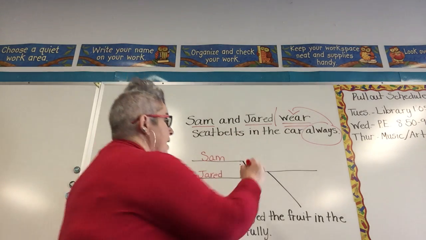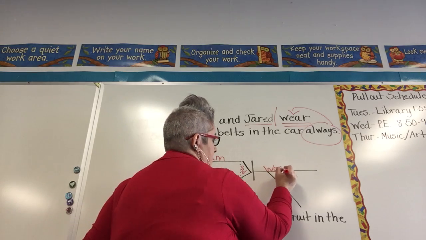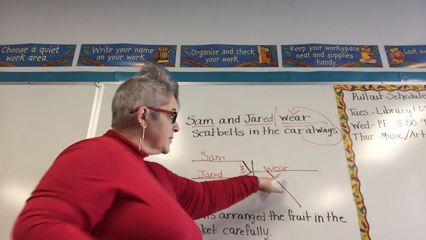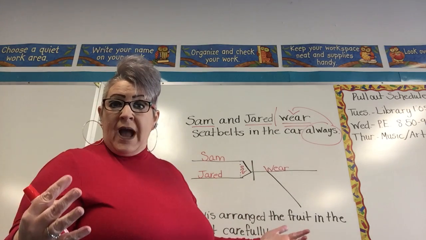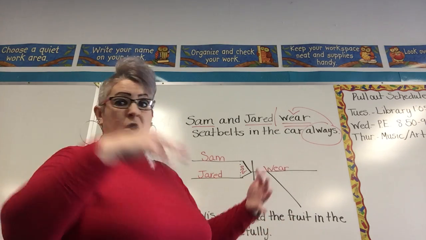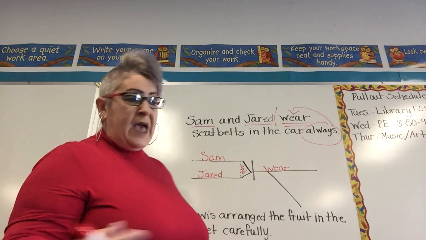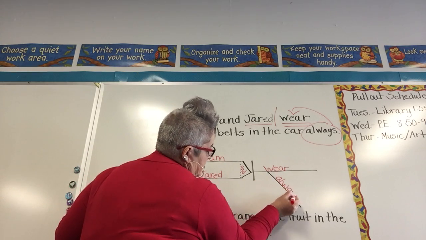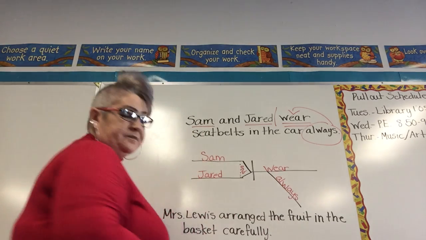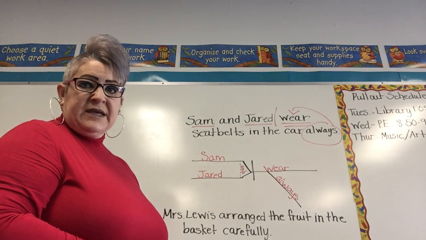My verb is wear. So I'm going to put wear here. My adverb goes right here on this line underneath the verb. It describes the verb wear. So when do they wear? Always. So always goes right here.